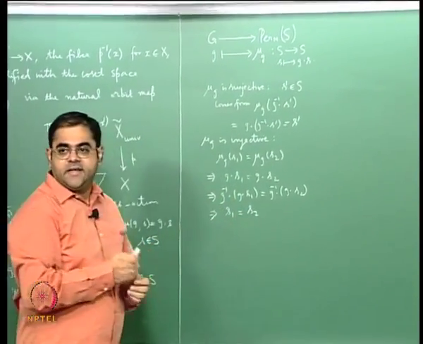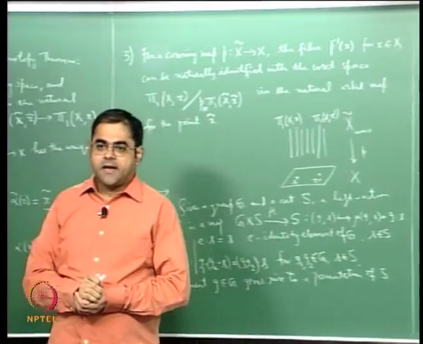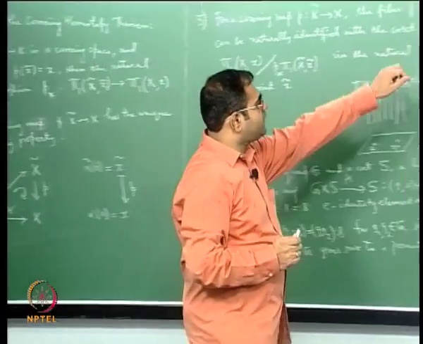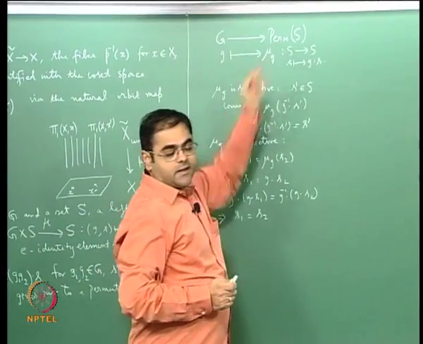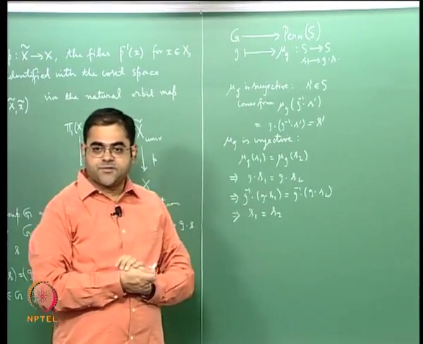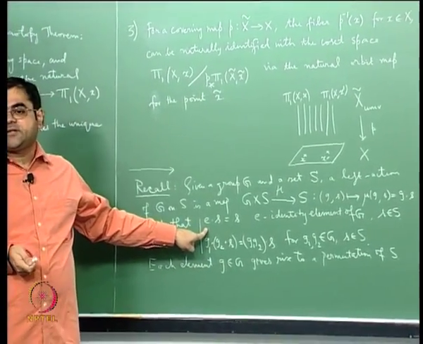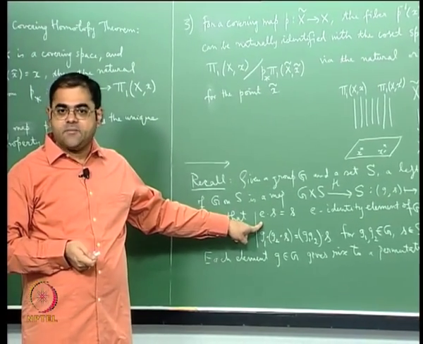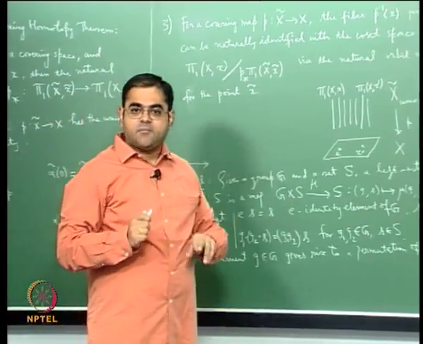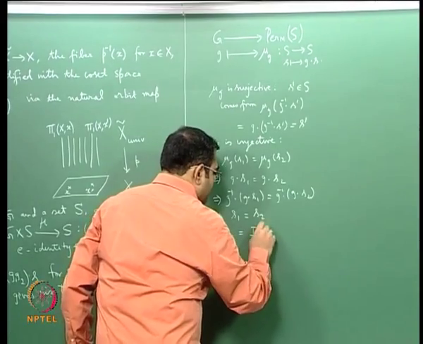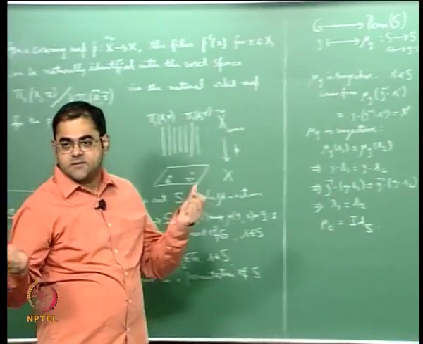So it is very clear that each mu G, the action of an element, is going to produce a permutation of S, and in this way you get a map from the group G to the set of permutations. This condition also tells you that the permutation corresponding to the identity element of G is just the identity map on S. Mu sub E is just the identity map on S, because operating by E does not do anything.